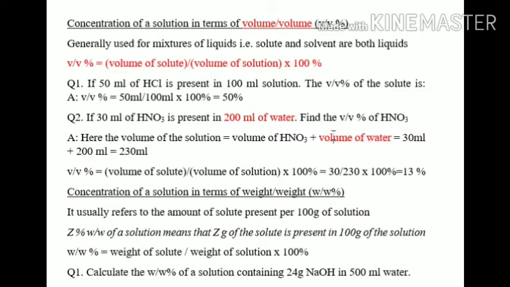So volume of solution is volume of nitric acid plus volume of water, equals 30 ml plus 200 ml equals 230 ml. So volume by volume percentage is volume of solute by volume of solution into 100%, equals 13%.